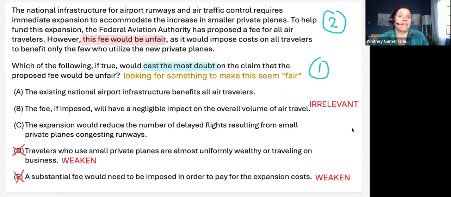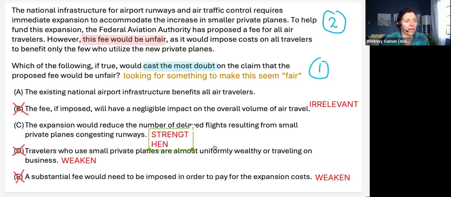But A is maybe one of my favorites, and I have a lot of folks saying, oh, A feels like it would weaken. And I think we have to be kind of careful, because if this were a weaken question, A would not be the correct answer. So let's come back to A in a second. Several people told me C is our one strengthen.